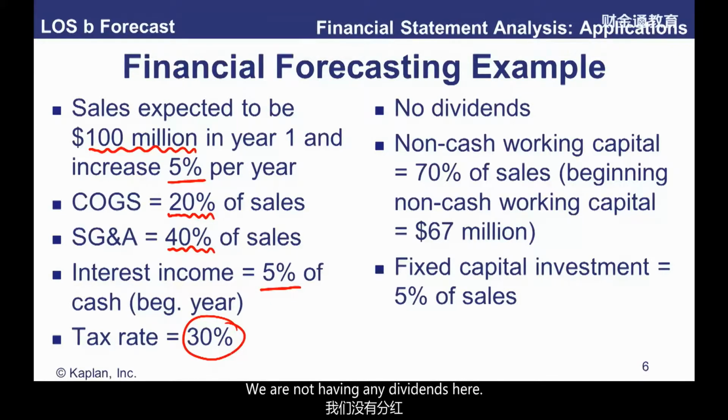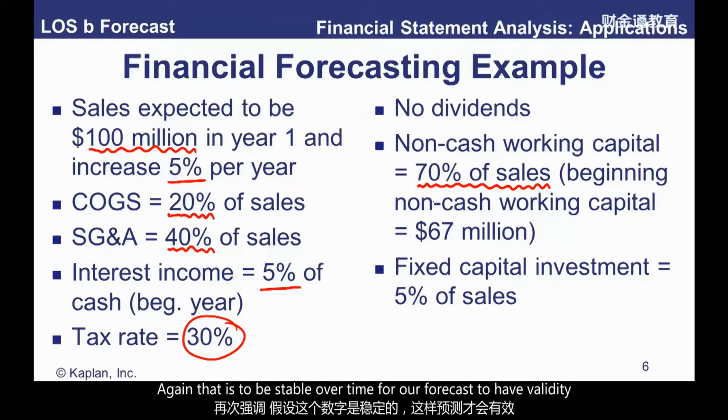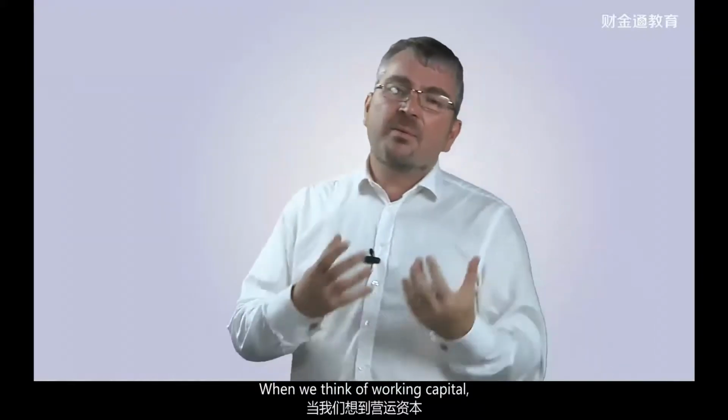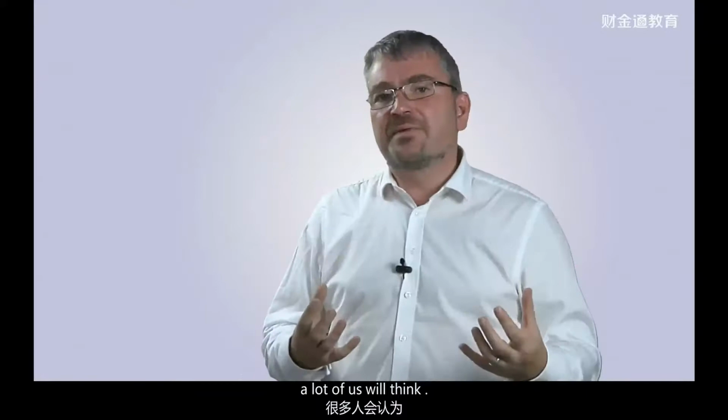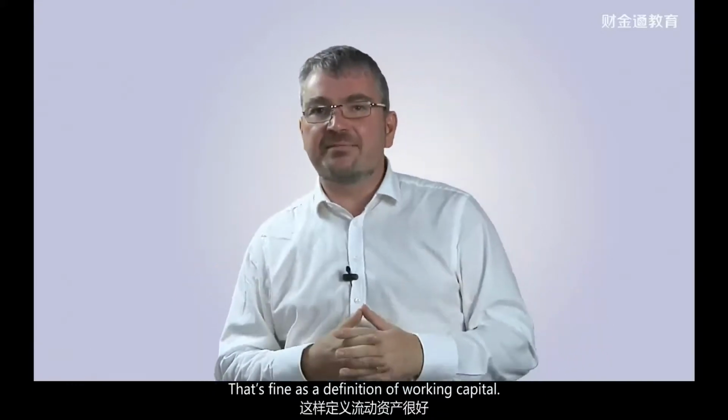We're not having any dividends here. We're forecasting, again, working capital to be approximately 70% of sales. Again, that needs to be stable over time for our forecast to have validity. And we're told that beginning non-cash working capital, this phrase non-cash working capital, when we think of working capital, a lot of us will think current assets minus current liabilities. And that's fine as a definition of working capital.